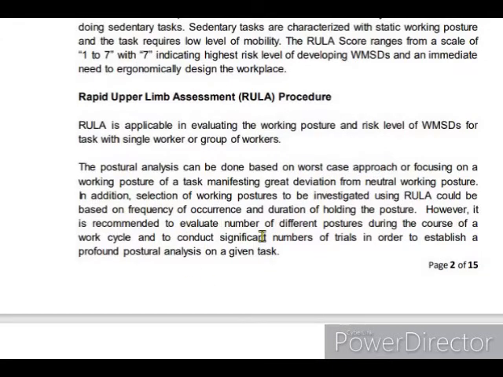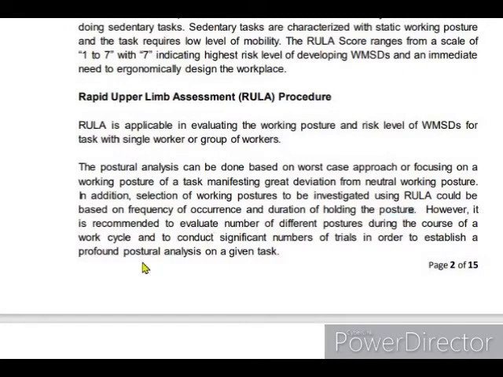In addition, selection of working posture to be investigated using RULA could be based on frequency of occurrence and duration of holding the posture. Yun na nga yun, guys. Kung ano yung worst, syempre, siya yung palaging nangyayari. Okay? Madalas yun. Kung ano yung madalas, pag sinabi mo kasing worst case, sabihin, yun yung pinakamalaking risk. Okay?